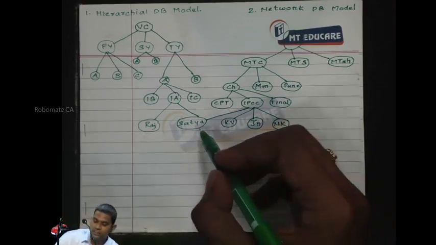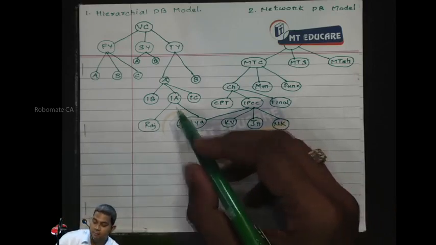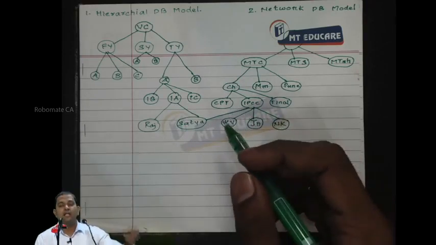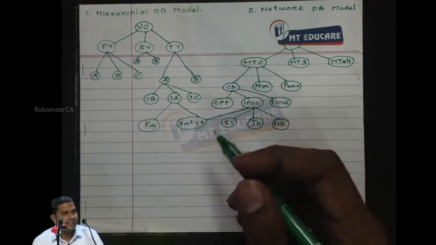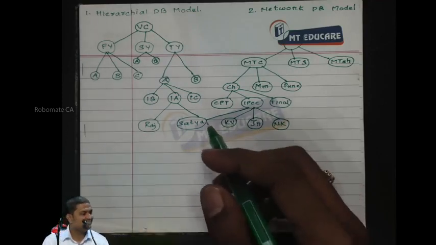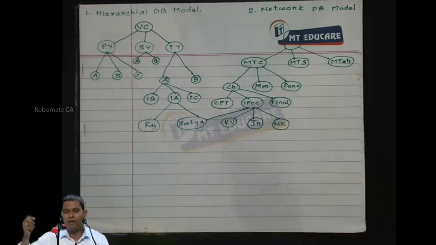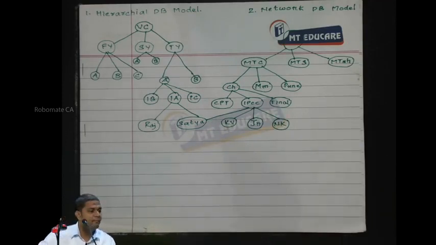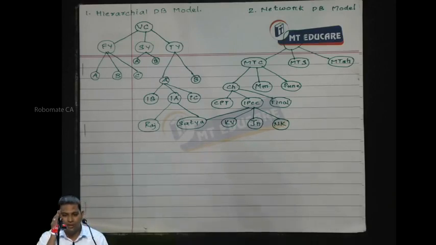Now this particular child entry is having multiple parent entries, and MT Educare does its advertisement in the same way, your academic parents. It is doing ads in Mumbai. They say your academic parents. MT Educare is your academic parent. So we are breaking the rule over here.